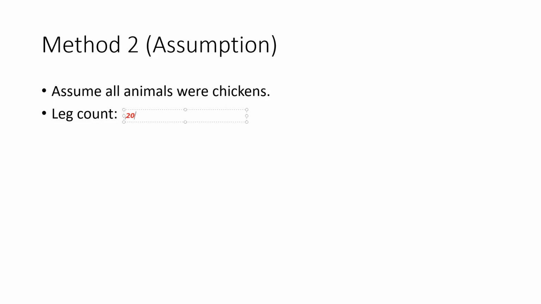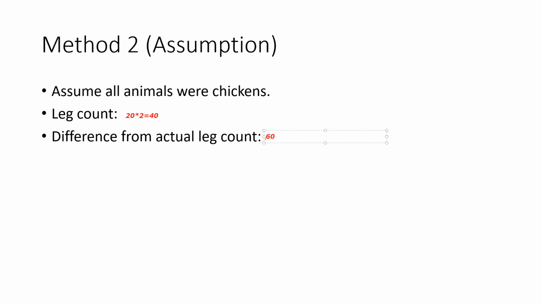20 animals multiplied by 2 legs equals 40 legs. Next, difference from actual leg count. What we know is that the actual leg count provided in the question is 60. So the difference will be 60 minus 40 equals 20.